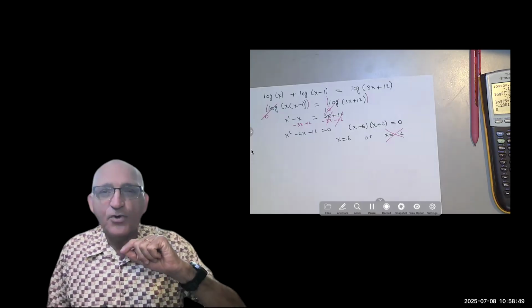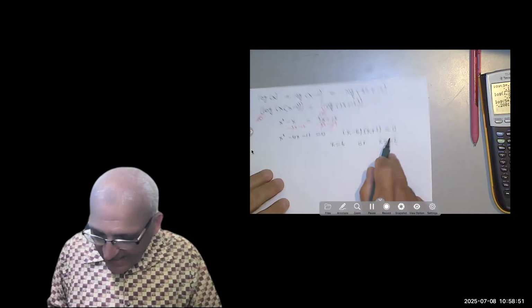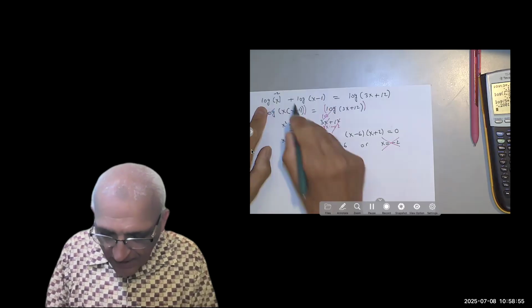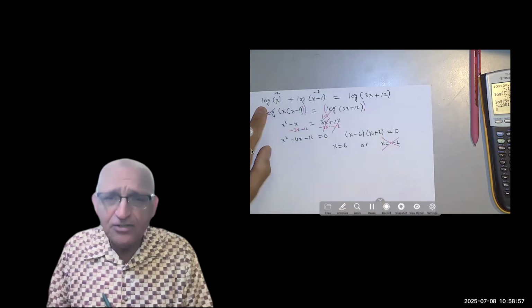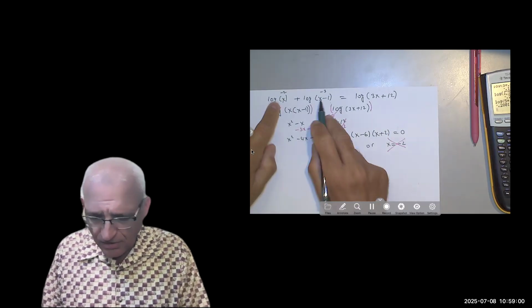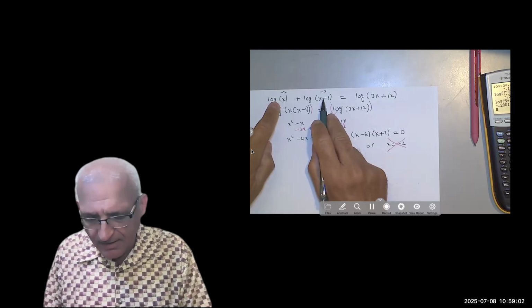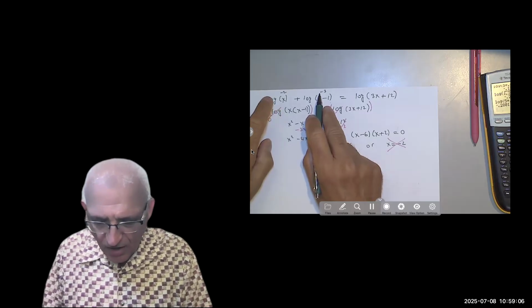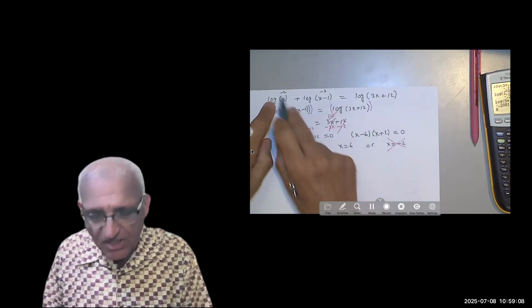Why is this important? Because if x is negative 2, you are saying log of negative 2 plus log of negative 3, and you say, oh, I know that if I have two logs, I multiply what's inside. So it's the same as log of negative 2 times negative 3, which is positive 6.